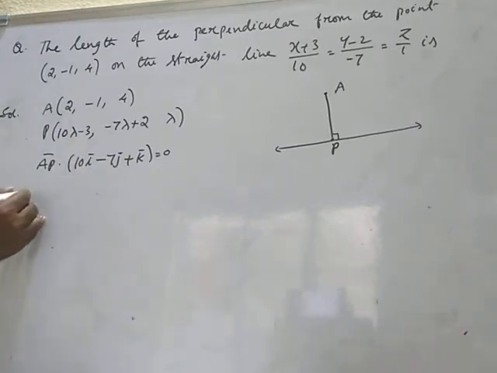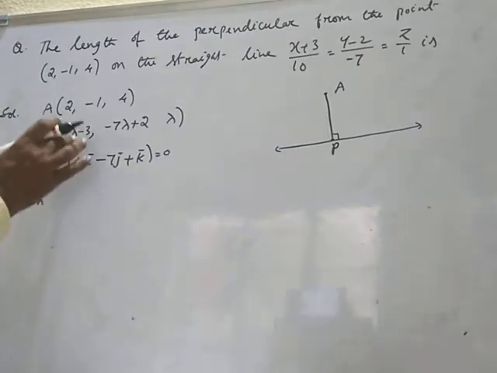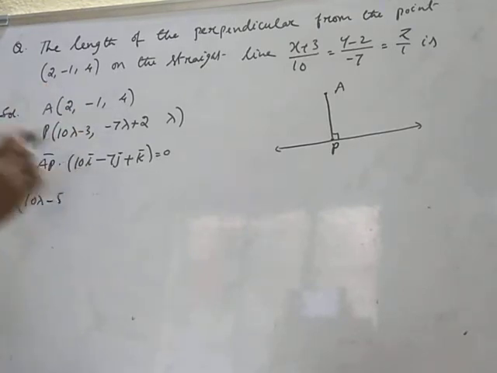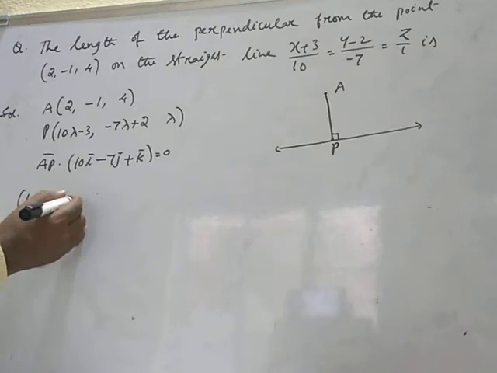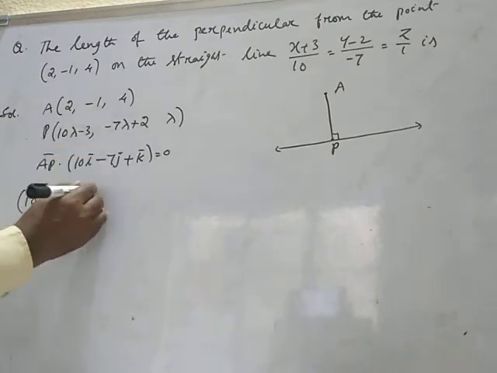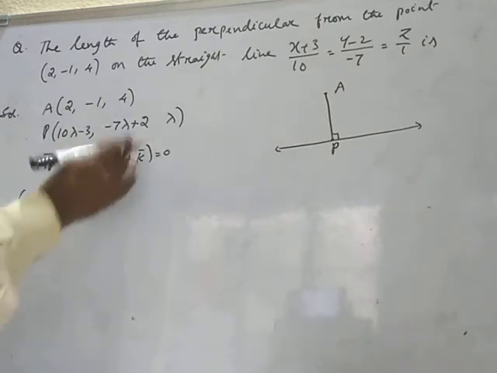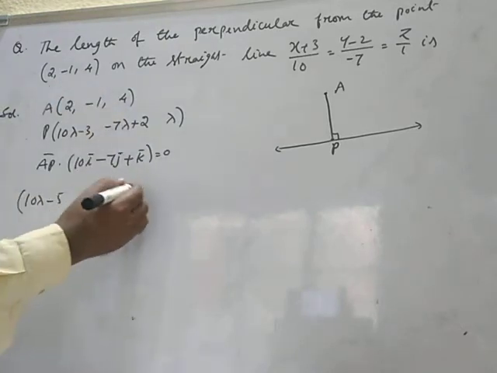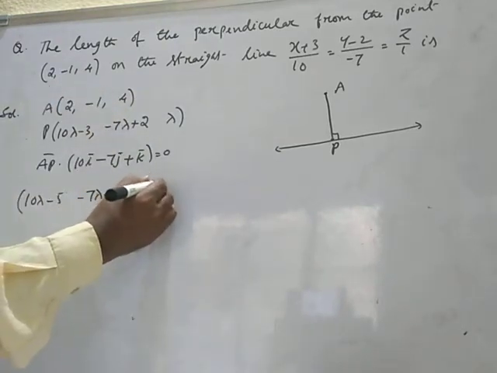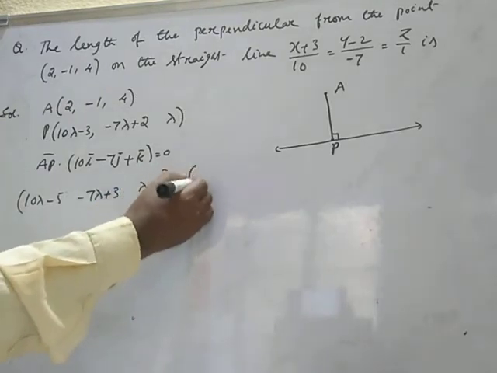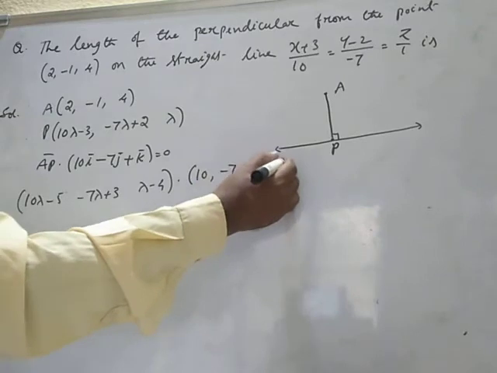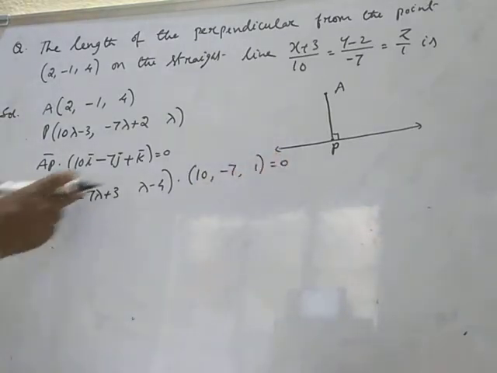AP bar is (10 lambda - 3 - 2, -7 lambda + 2 + 1, lambda - 4) dot (10, -7, 1) equal to 0.